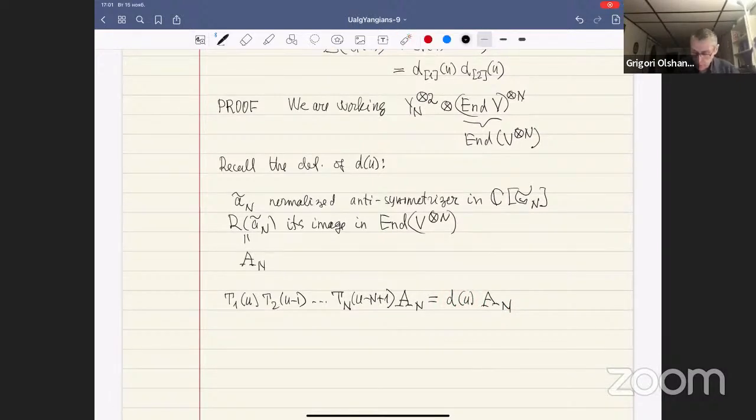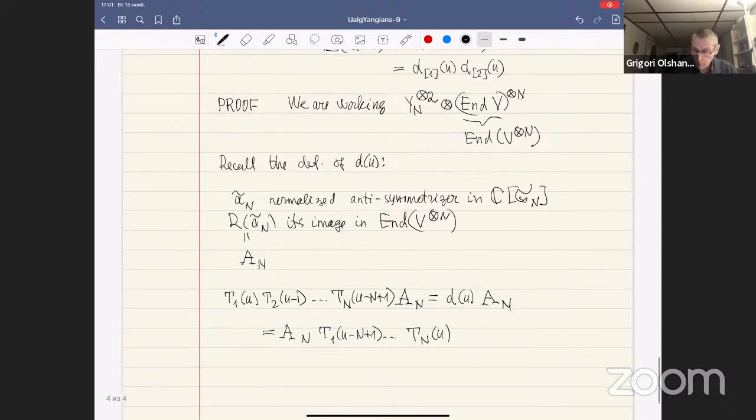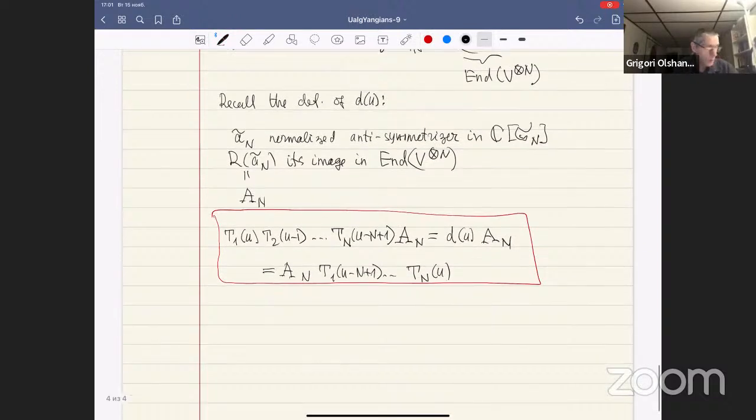But what is also important is that there is an alternative expression of the same object. Namely, we have to rewrite this as follows, in the reverse order, and to use this. And now we play as follows.